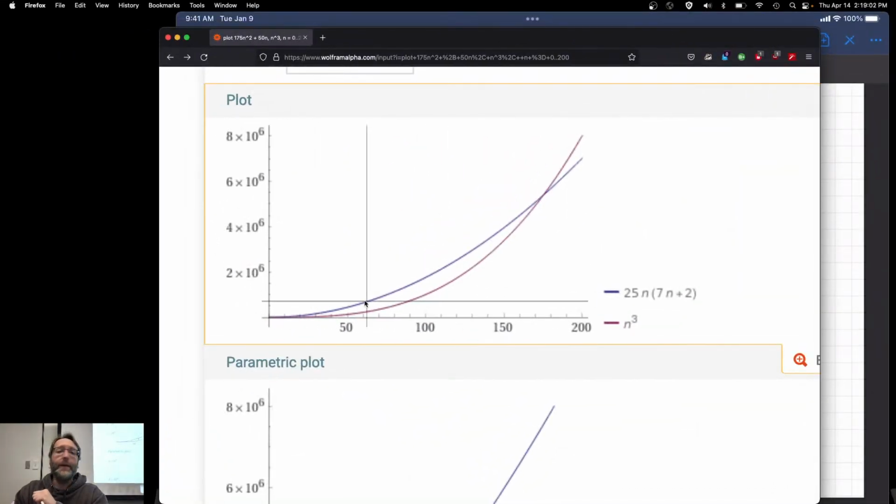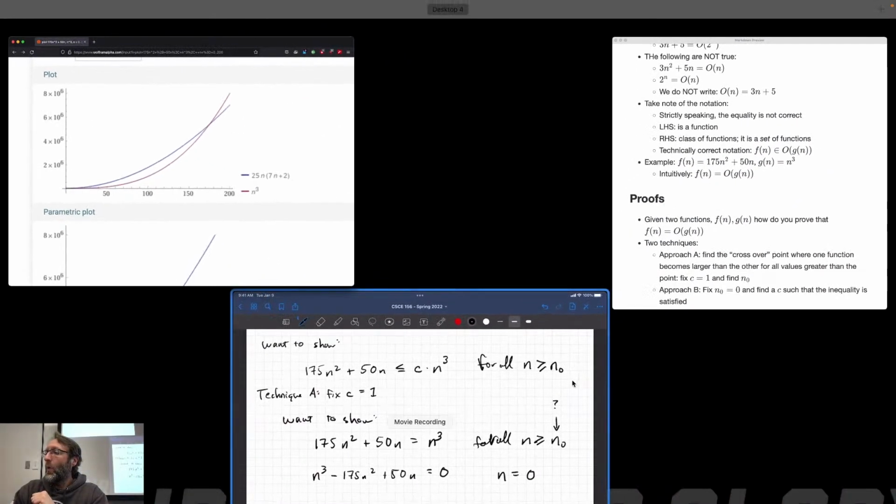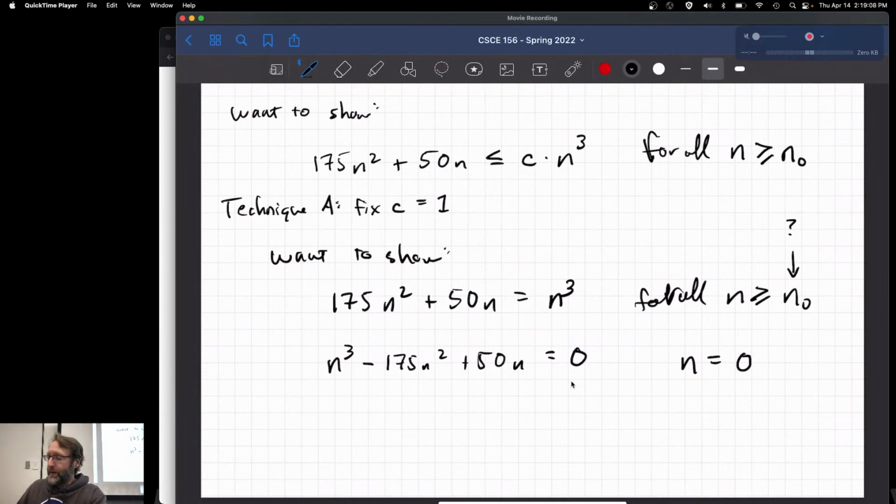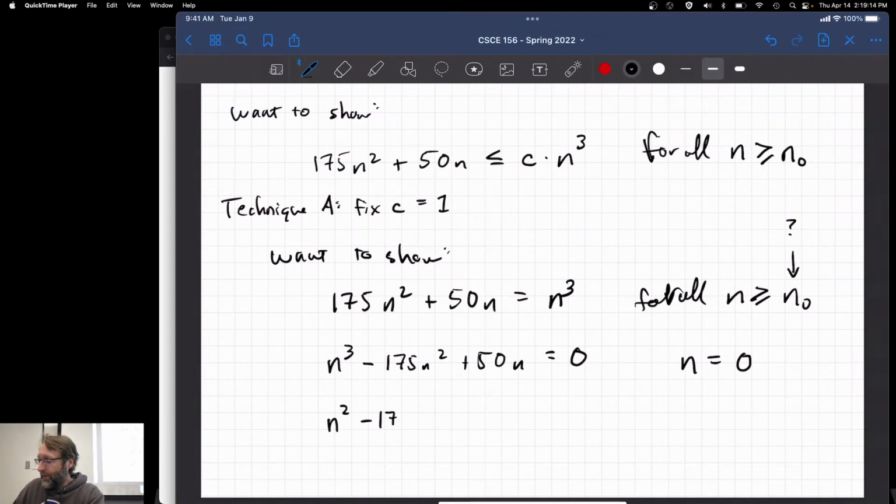If we look at this graph here, they are intersecting at 0, right? What's another value at which they're intersecting? Well, once I've factored out that n, what am I left with? N squared minus 175n plus 50 is equal to 0. Now what tool do I bring to bear to solve for n? The quadratic equation, right?